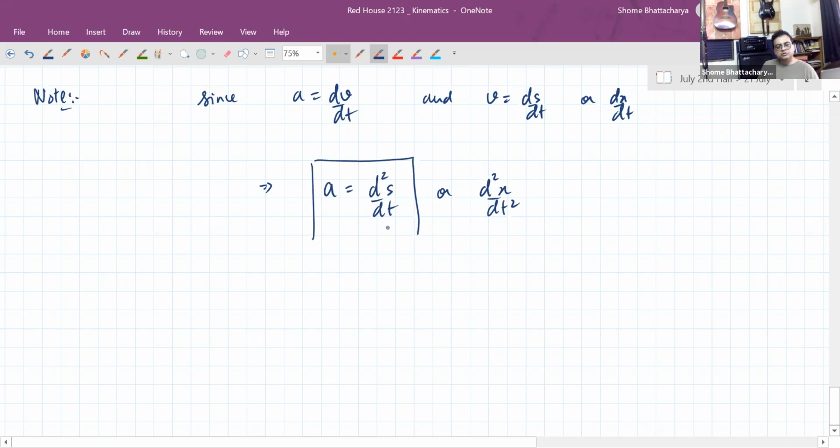That's one important thing. So for example, suppose we have that displacement is equal to something like this.